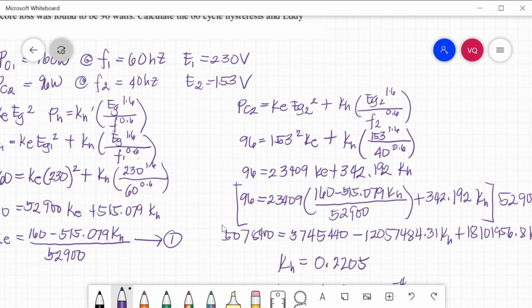We will substitute equation 1 in equation 2. So 96 is equal to 23,409 multiplied by the value of KE, that is 160 minus 515.079 KH divided by 52,900, plus 342.192 KH. We will multiply both sides by 52,900.